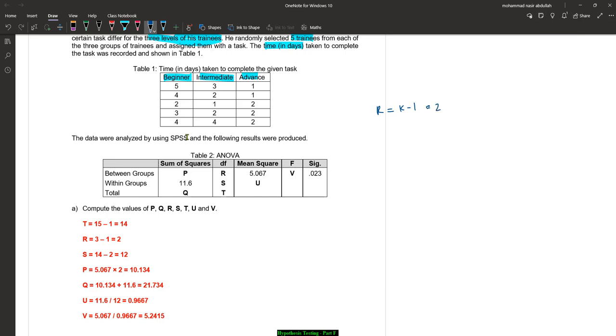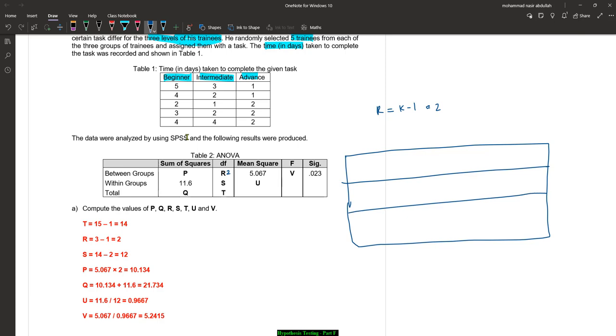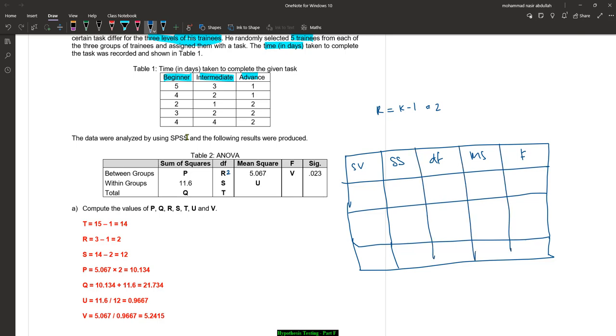Right? And then we already get this. We already got 2. Or let's make another table, easier to see, otherwise it is difficult. They have written letters inside. Let's say this is another column. This is source of variation, sum of square, degree of freedom, mean square, F. So this is treatment, error, total.